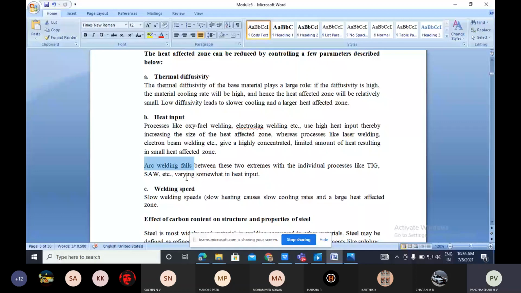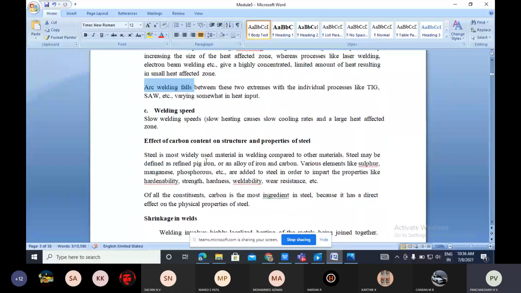Okay. Then effect of carbon content on structure and properties of steel. Obviously, you have studied in material science how exactly, especially in the case of steel, carbon drives the property of steel.